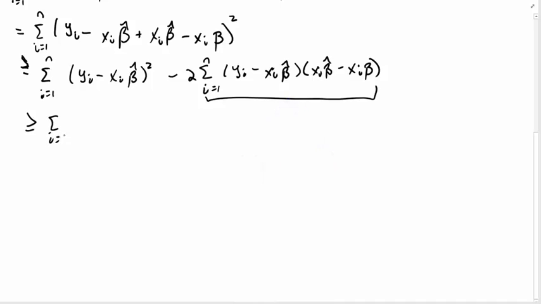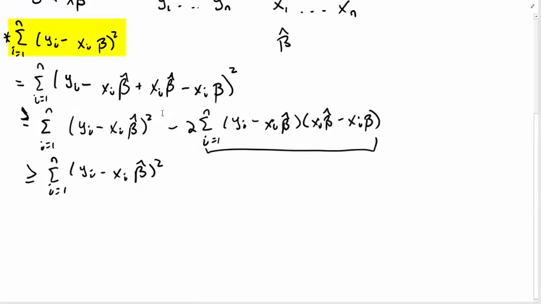If it's 0, I will get that my least squares criterion for any beta is larger than what I get when I plug in beta hat specifically. So that beta hat would have to be the minimizer, because every other beta creates a least squares criterion at least as large or larger. So if we can make this term 0, then we've found our estimate.